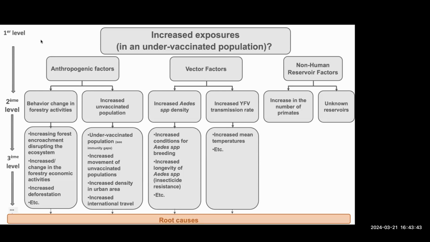Otherwise, in terms of behavior change, sometimes we have information that is more oral, when we exchange with the responsible of the district, the médecin chef of the district, or all the key persons of the district. In terms of numbers of primates, it is the same: we have oral information about it.